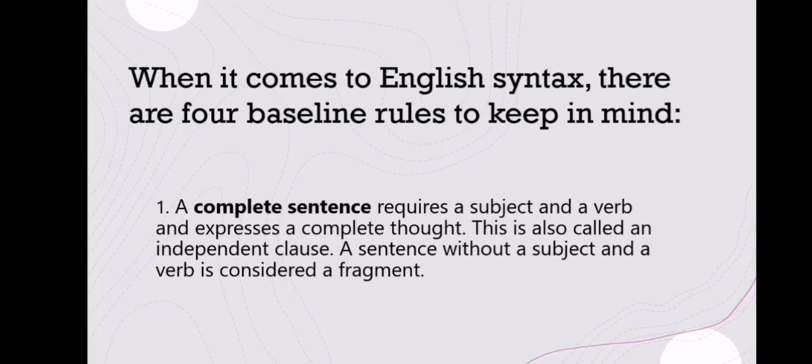The first is a complete sentence requires a subject and verb and expresses a complete thought. This is also called an independent clause. A sentence without a subject and a verb is considered a fragment.